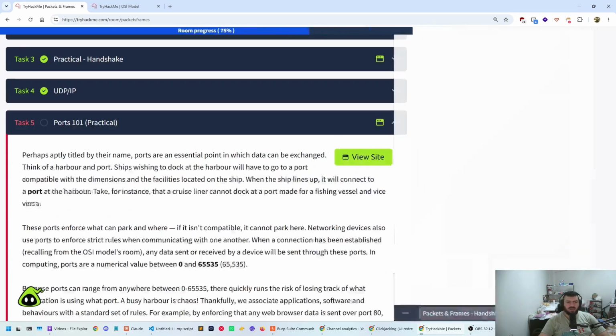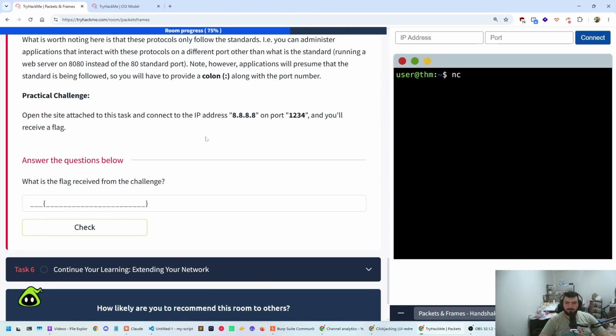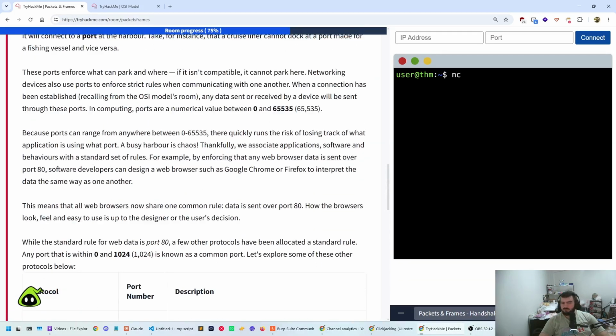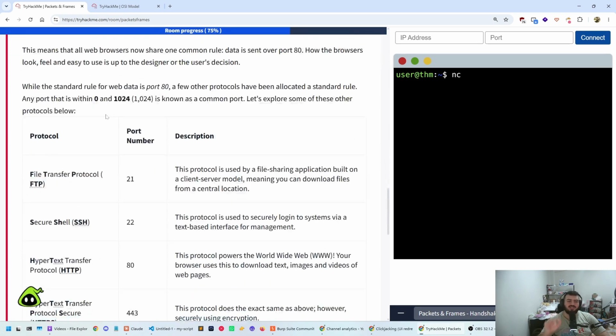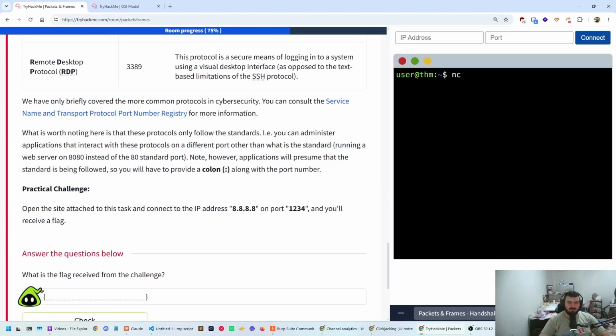Let's talk about the practical here. Ports essentially are the gateway. I'm not going to go through all of the ports right here because they are very easy to explain.